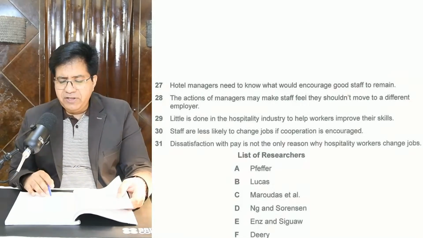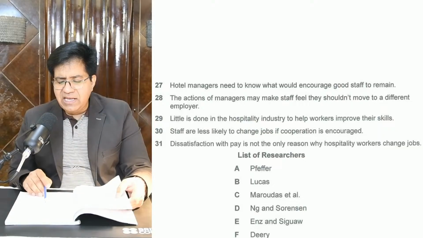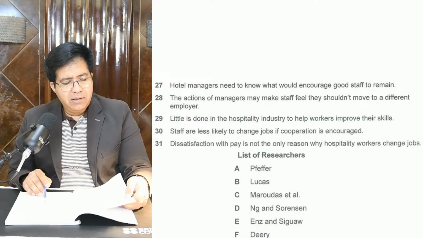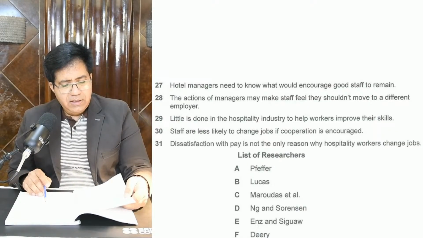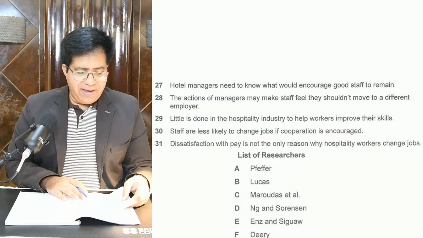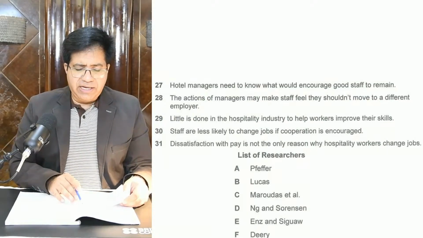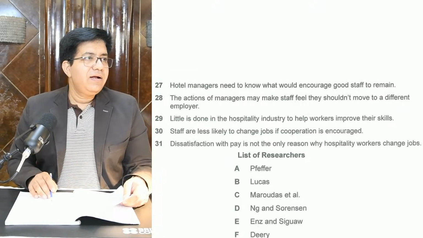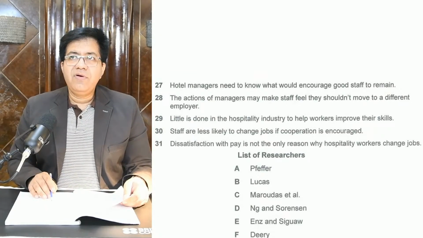Okay? After that, we've got Ins and Sigua. Okay, second page, third paragraph, and we've got Ins and Sigua. And Deary. Last paragraph. Got it?